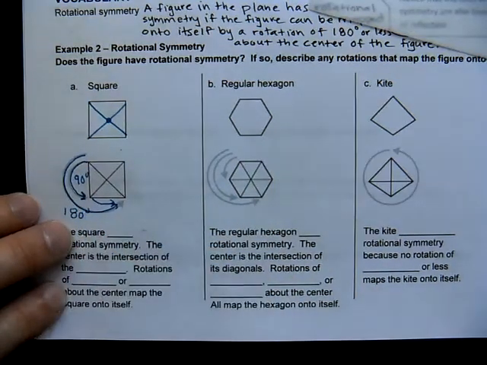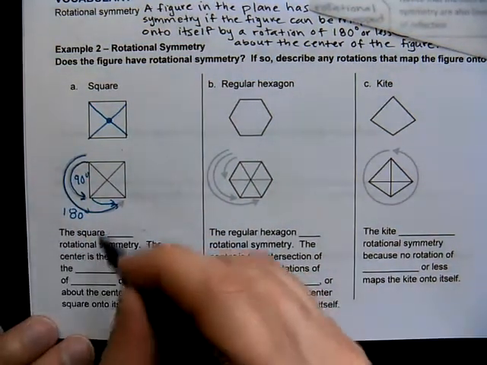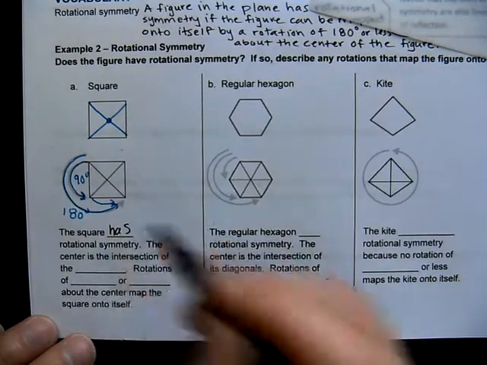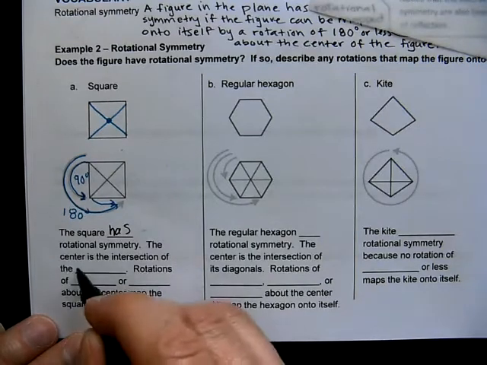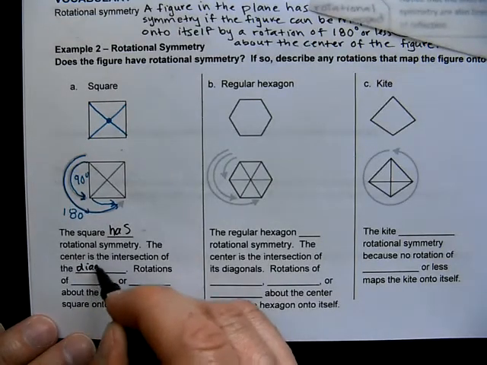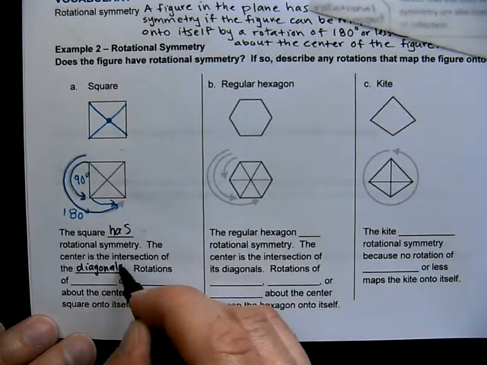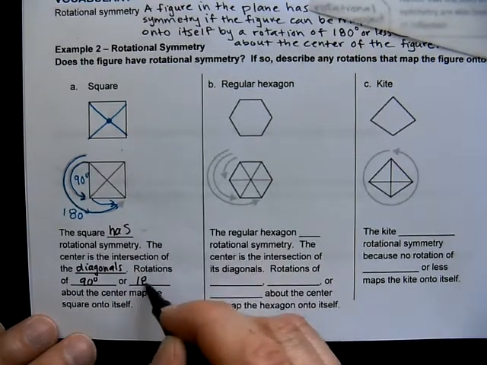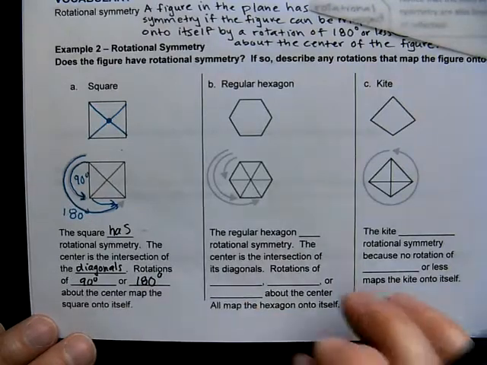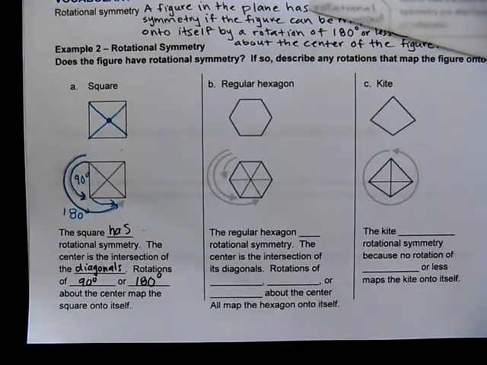We don't go any farther. All right? So the square has rotational symmetry. The center of the square is the intersection of the diagonals. Rotations of 90 degrees or 180 degrees about the center map the square onto itself.